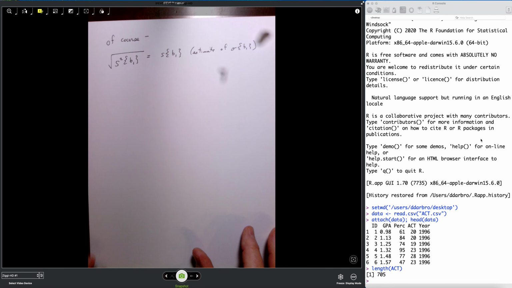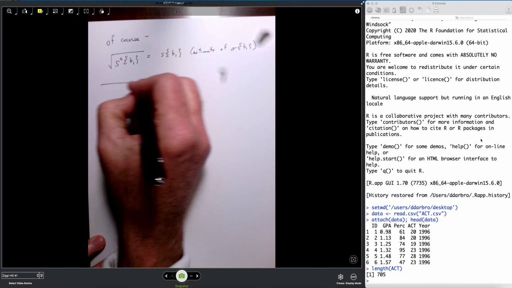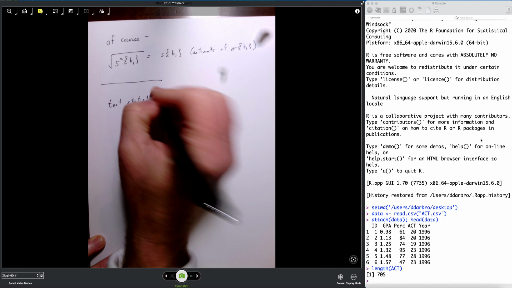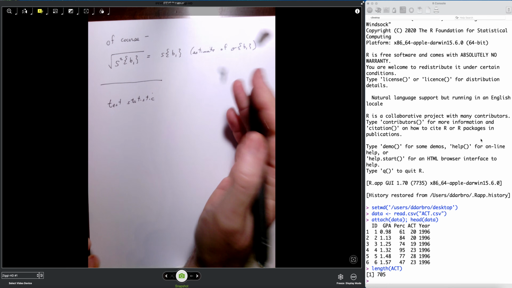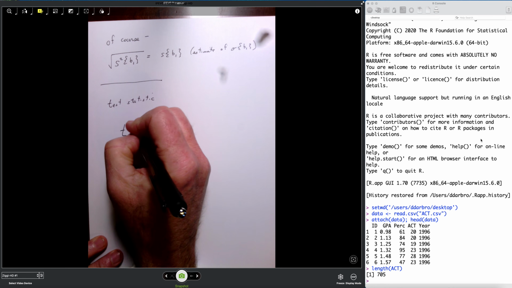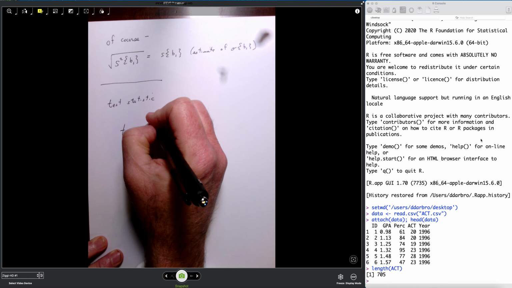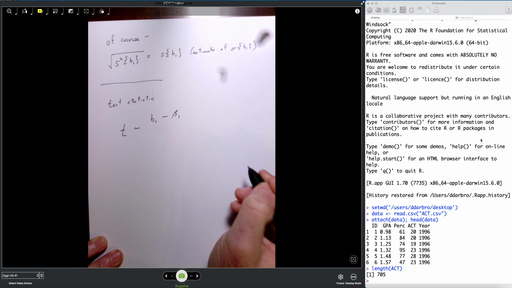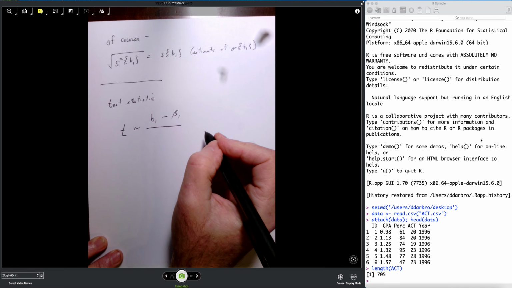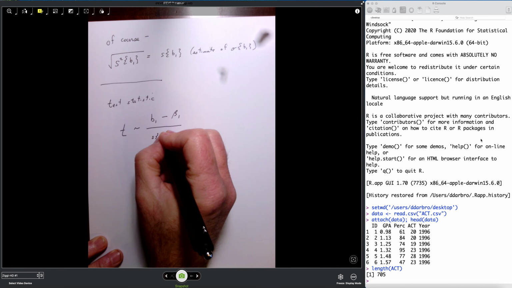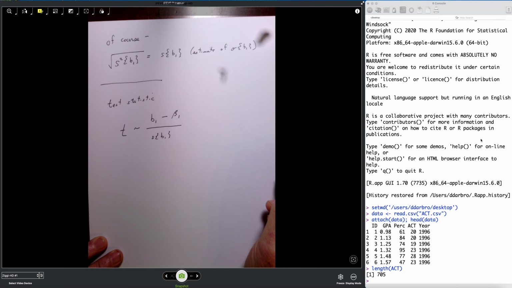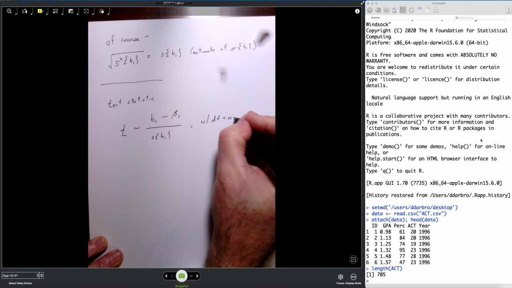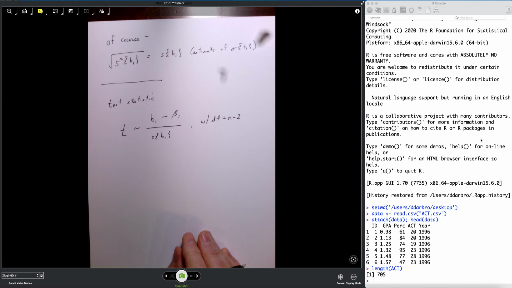So, drum roll, we know that the test statistic in the inference setting, of course, is going to follow a t-distribution, taking our estimate for beta 1, B1, minus the hypothesized value for beta 1, over the standard deviation, with degrees of freedom equal to n minus 2.